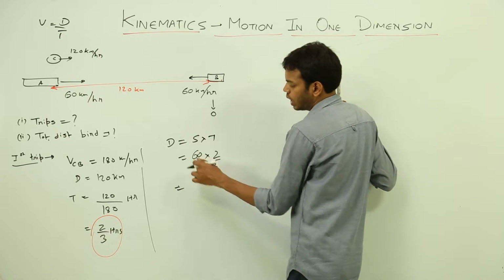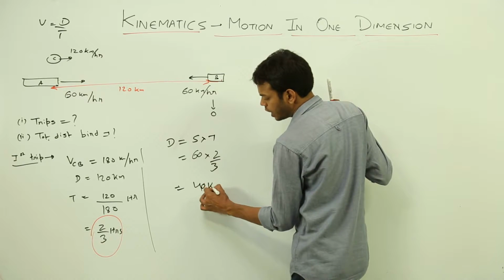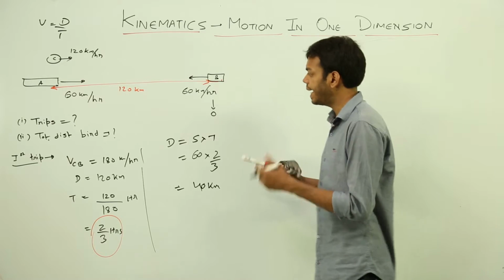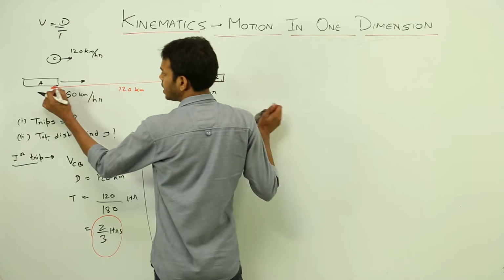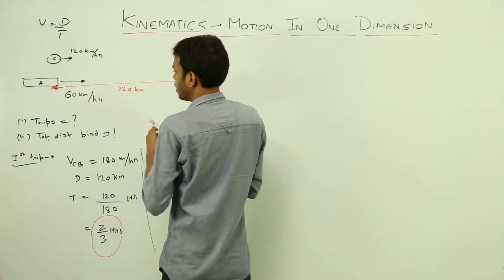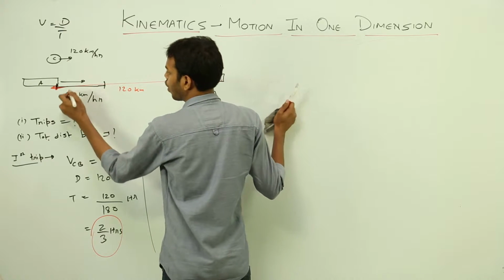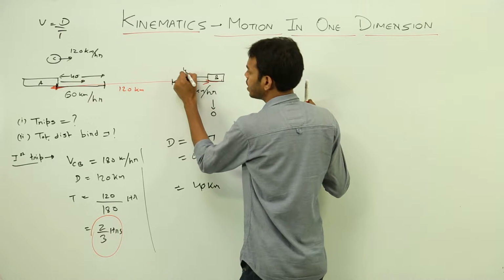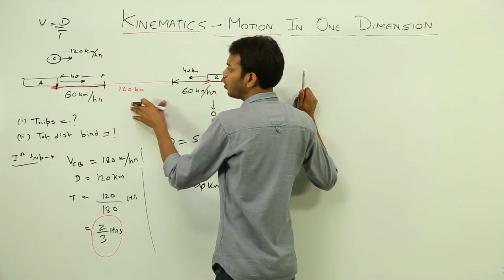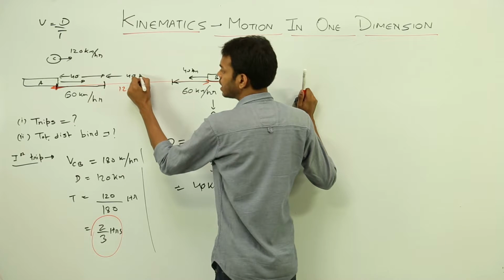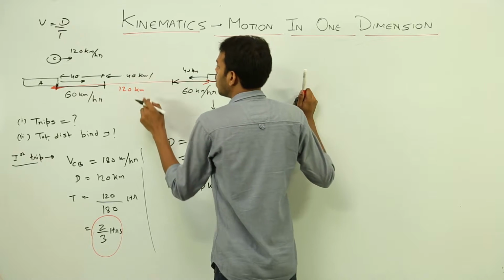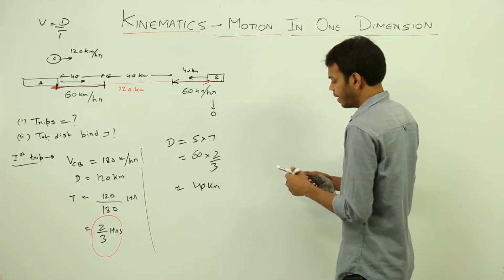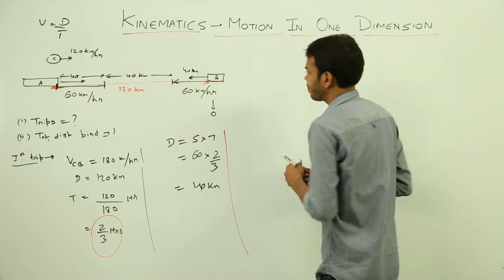That will give you 20 into 2, that is 40 kilometers. So 40 kilometers is what each train has covered. This train has covered 40 kilometers, and this train has covered 40 kilometers. So what is left? Total was 120, that means 40 is the remaining.